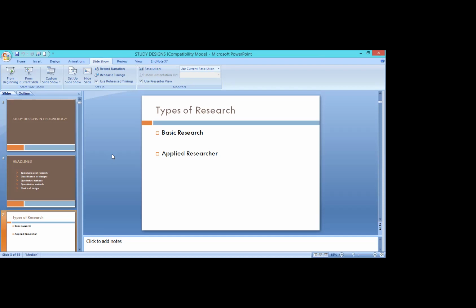Ma'am, basic research is actually justification or fundamental research related to any scientific question, whereas in applied research, there is applicability of knowledge to be applied or to develop theories.